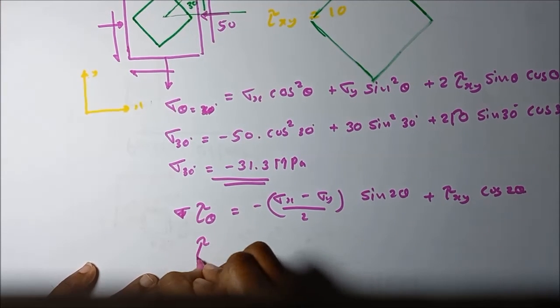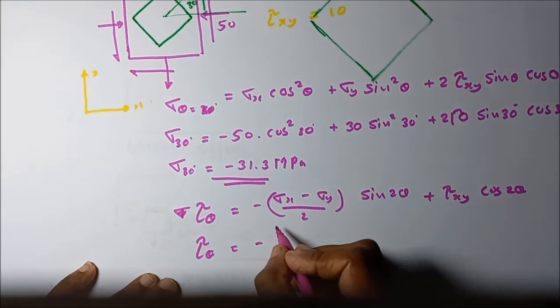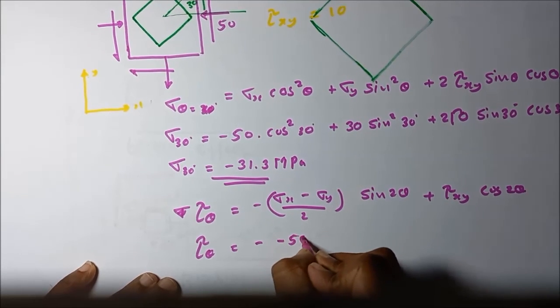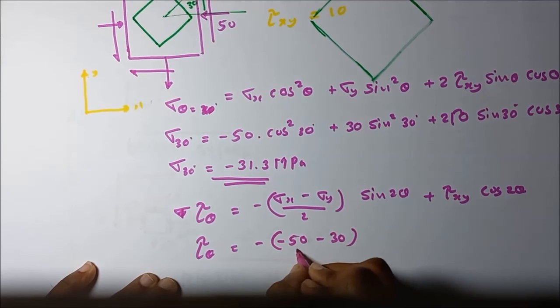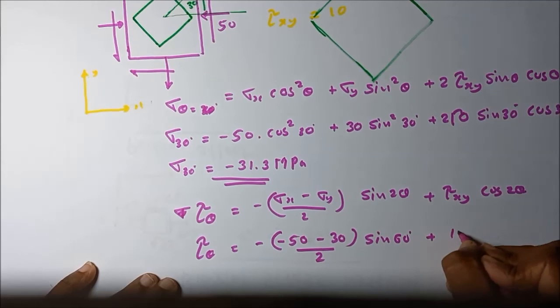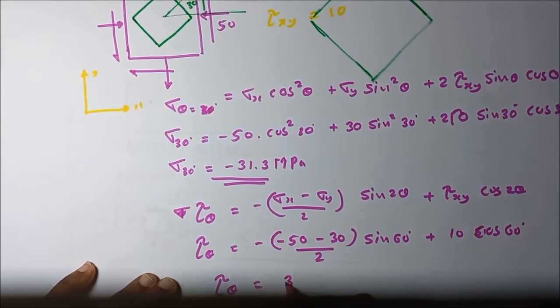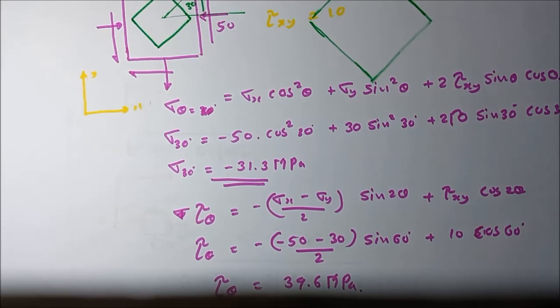Substituting: minus (minus 50 minus 30) divided by 2 sine 60 degrees plus tau xy, 10, cos 60 degrees. Then tau theta is 39.6 megapascal.